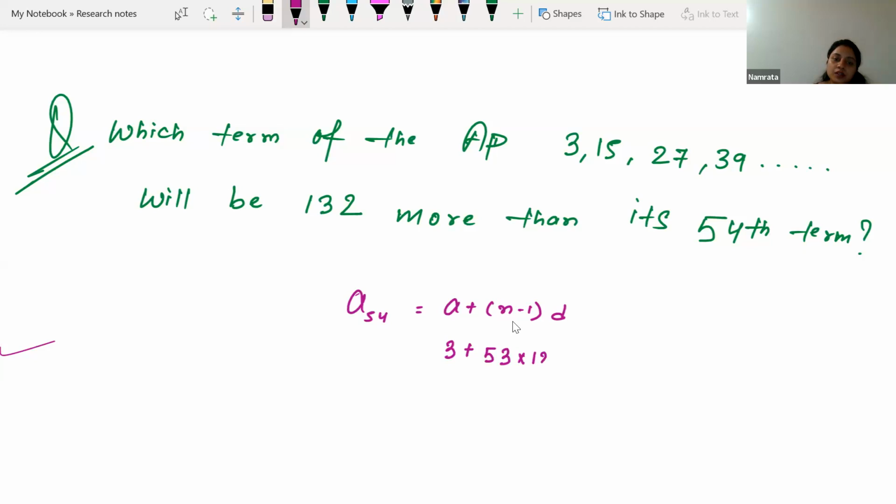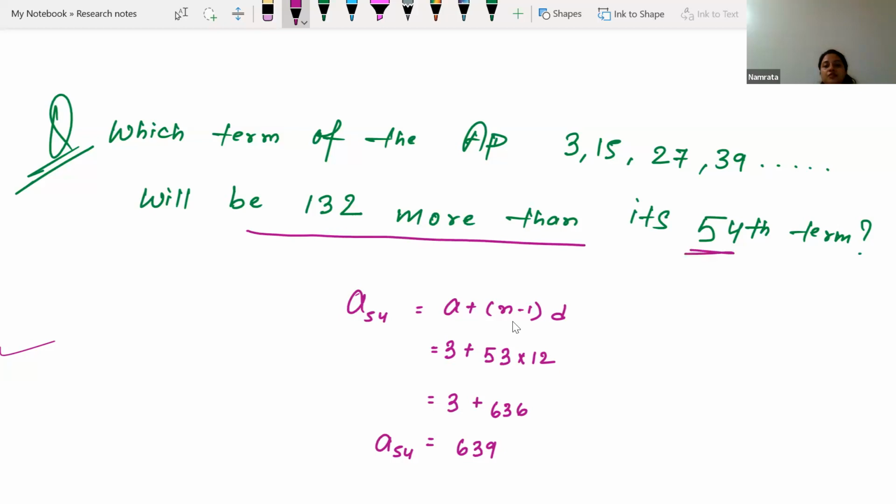Let's do it. 3 plus 636, so we got 639 as the 54th term. Now the 54th term is 639, right?